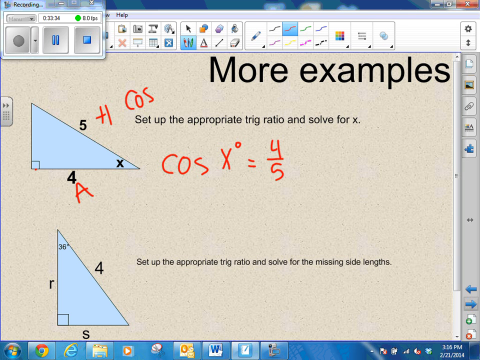So you do have to know how to set these up. Trig function, then your angle is equal to side ratio. Okay? Angle. How do I plug it into the calculator? Okay, do the 4 divided by 5 if your calculator won't. And then what do I do? What's it called?